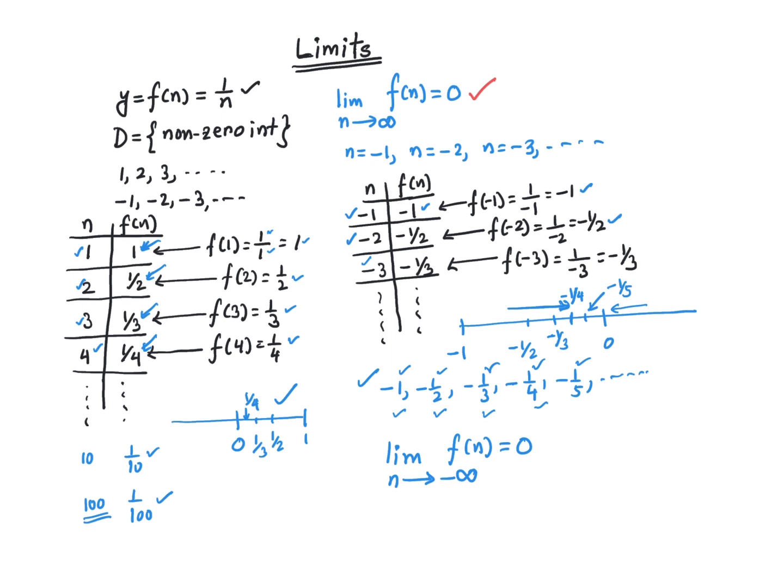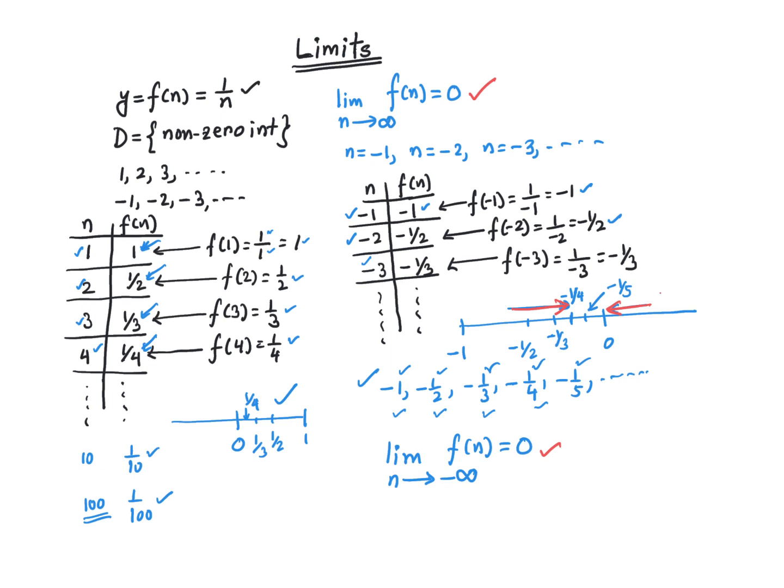And similarly, the limit of the function f of n as n goes to negative infinity is 0 as well. However, the main distinction is this. As n goes to positive infinity, the function approaches 0 from the right hand side. As n goes to negative infinity, the function approaches 0 from the left hand side.